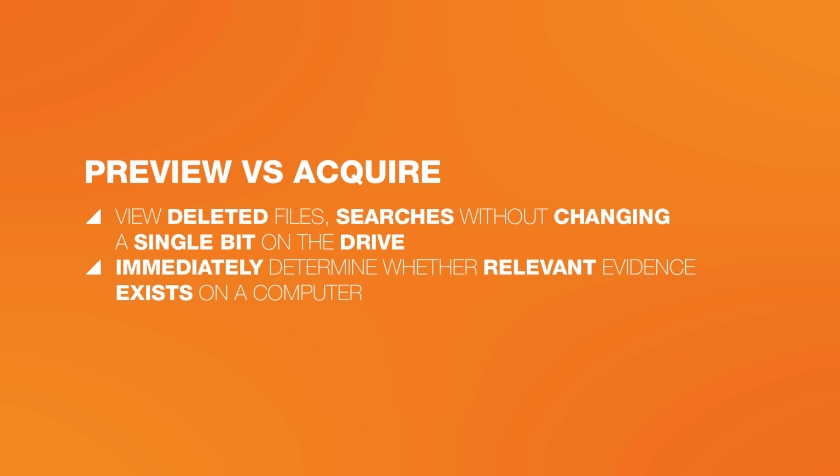EnCase and FTK Imager let you preview drives before acquiring them. This means you only read data but do not own the data. Preview allows examiners to quickly determine whether relevant evidence exists on a computer before going through a long acquisition process. Remember, you have to use a write blocker for previewing as well to ensure you do not change a single bit on the drive when viewing the files.